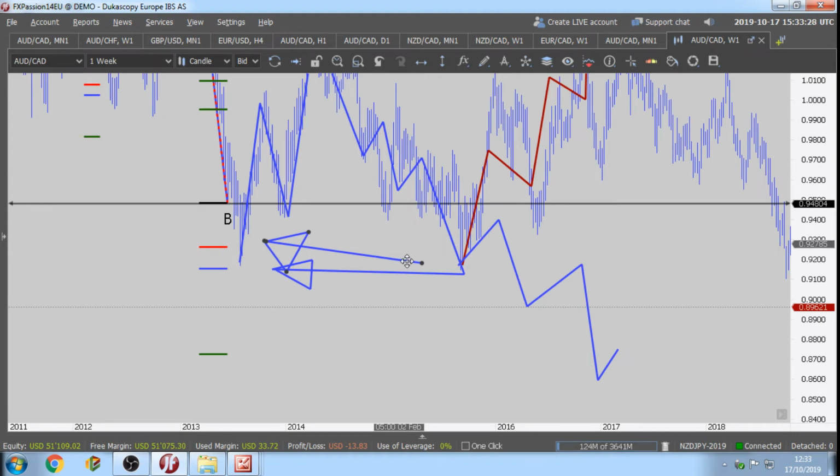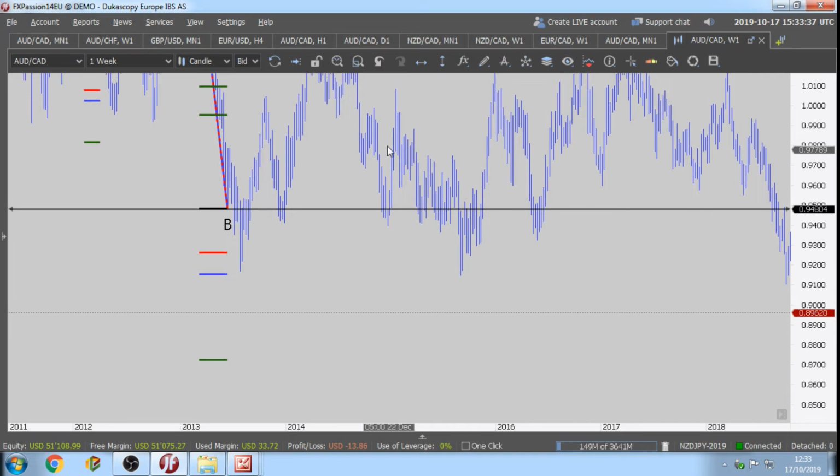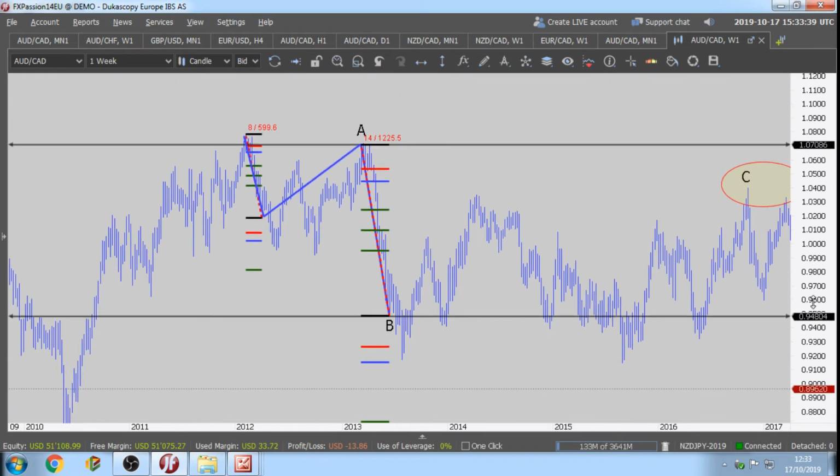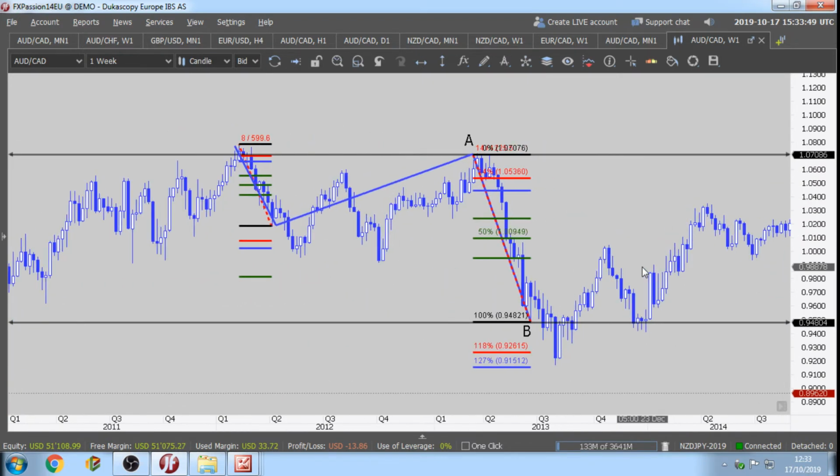Why is the B not lower? What do you think, Nawaf? Can you see, Nawaf? This is the second sequence. Where is the B? Where is the D extension?